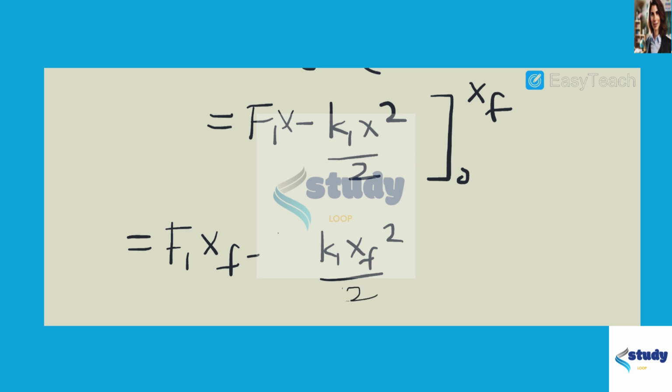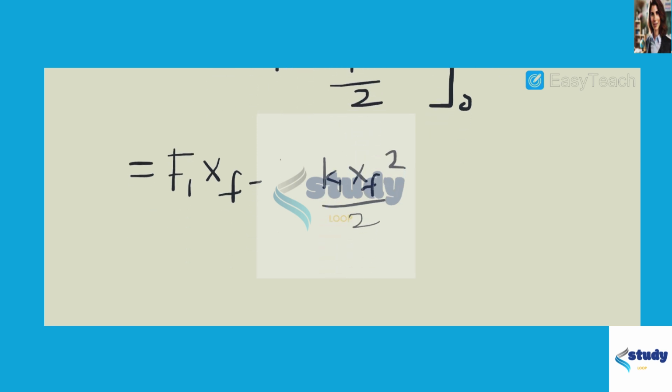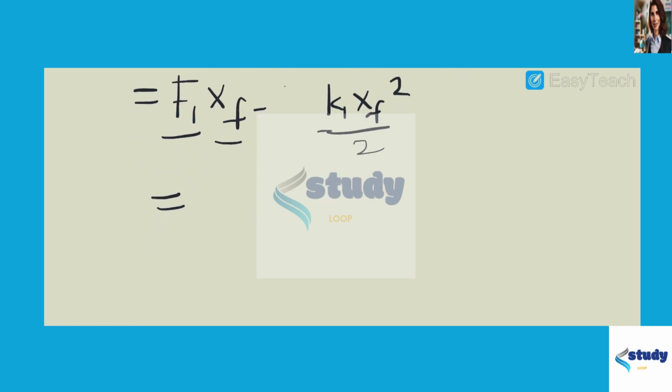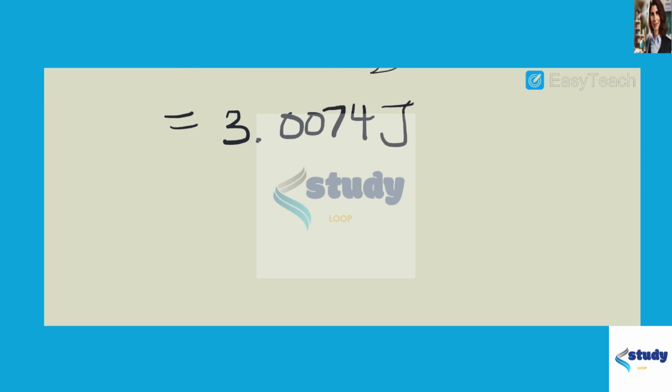And that's simply what it's going to be. And we can plug in for the quantities that we have. We know F1, we know xf, and we know K1. What we get is a total work of 3.0074 joules.